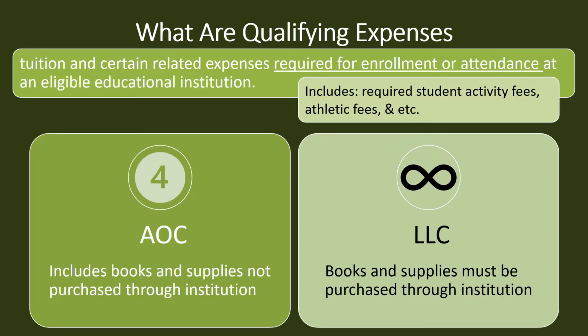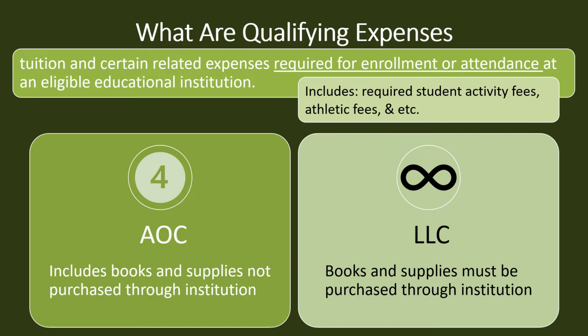So after we determine that our client, the student that they're claiming this credit for, or wishing to claim this credit for, was at an eligible institution, let's talk about some qualifying expenses. What are the expenses that count towards this credit? So it's going to be tuition and certain related expenses that are required for enrollment or attendance at an eligible educational institution.